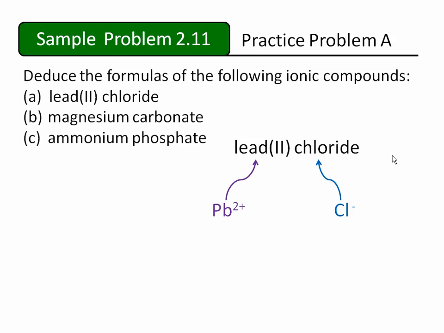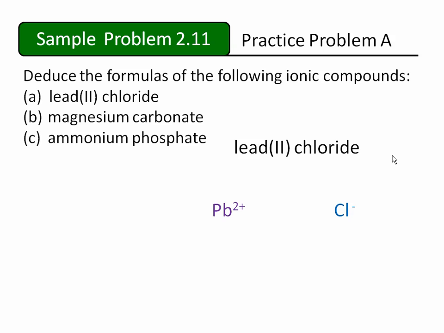Now, our task is to combine these ions to form something that has no overall charge. One way to accomplish this is shown on page 61 of the text. We take the numerical value of the charge of each ion and make it the subscript for the opposite ion.